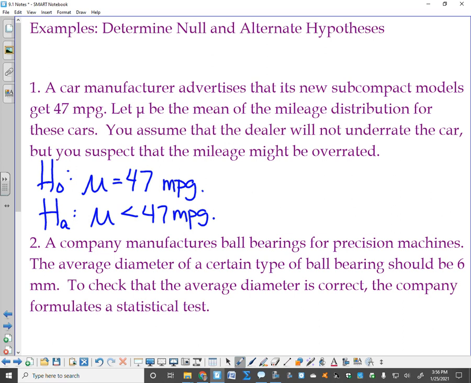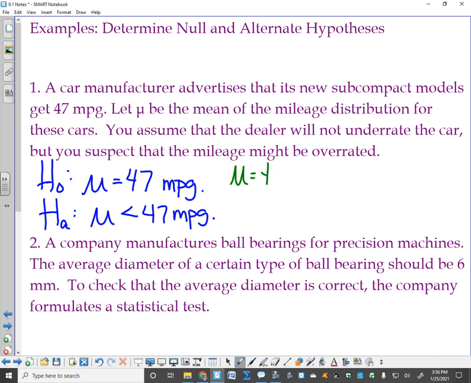Now, one slight problem. You have used mu, but you have not defined what mu is yet. You have not defined your parameter. So I have to come over here and say mu equals. Now remember, this is a parameter.